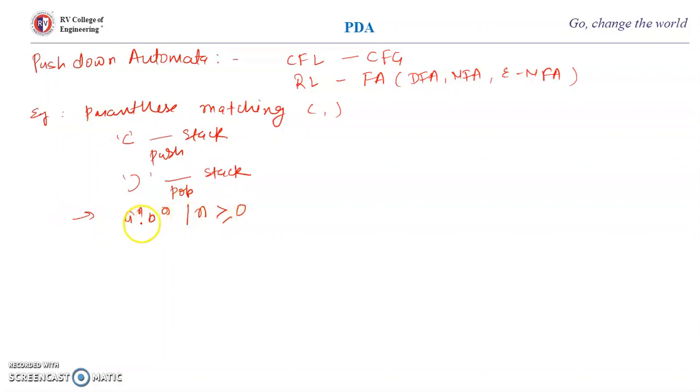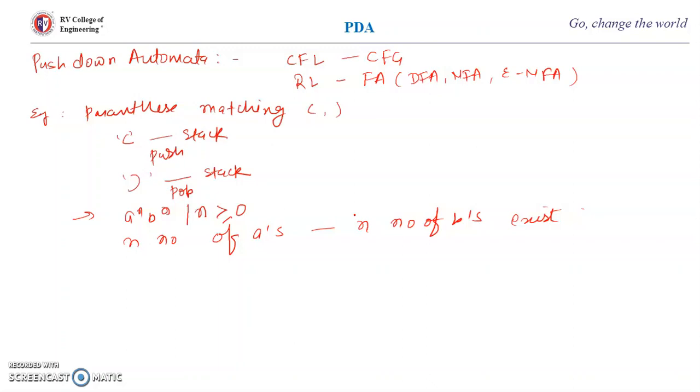After reading n number of a's, we should see that n number of b's exist, because it is the same number of a's followed by the same number of b's. So the automata that we construct to accept this CFL should be in a position to count. At the same time, it should have sufficient memory to hold the string scanned.